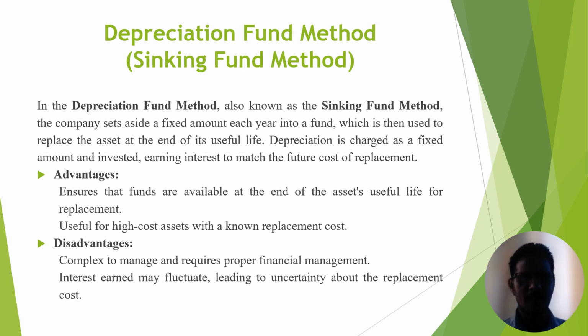The main logical concept is that every year the amount we invest in the market earns some interest or dividend, and this interest and dividend is also invested every year, and after 10 years we have a bulk amount, and from this amount we can purchase a new machine.